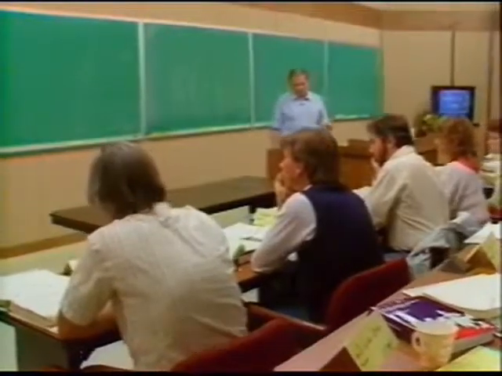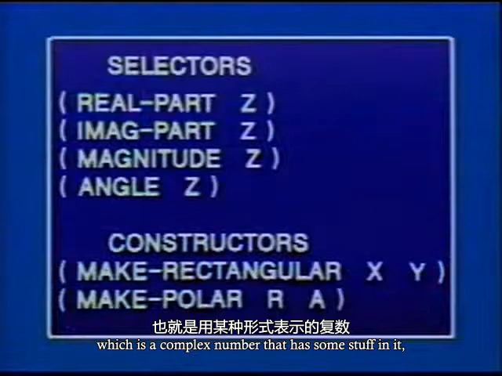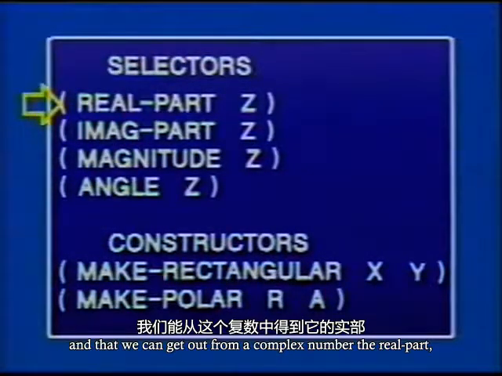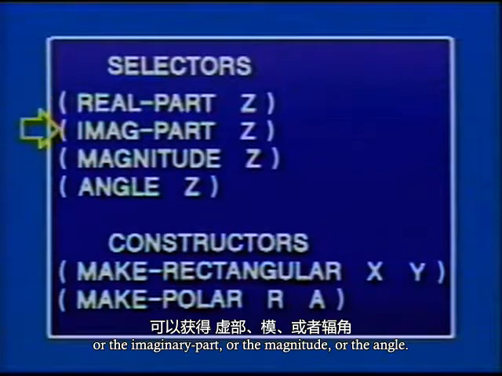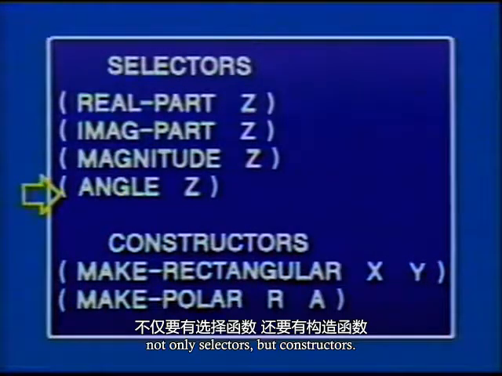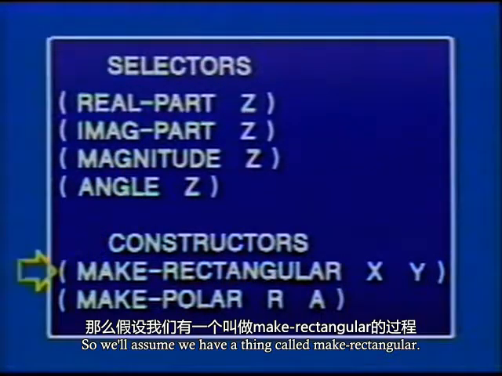What would we like? Well, let's assume that we make a data object, a complex number, that has some stuff in it, and that we can get out from a complex number the real part, or the imaginary part, or the magnitude, or the angle. We want some ways of making complex numbers, not only selectors but constructors. So we'll assume we have a thing called make rectangular.